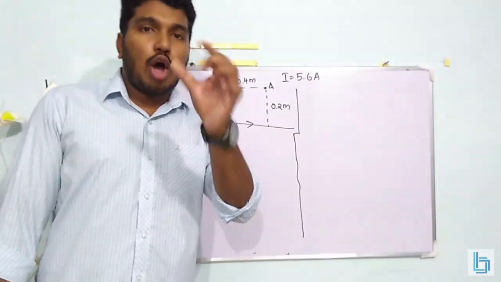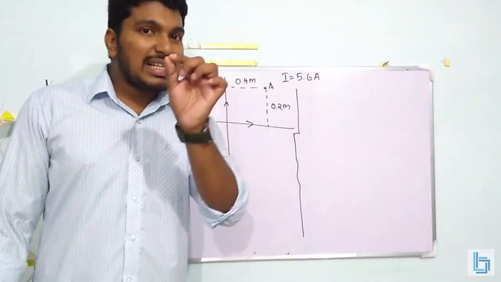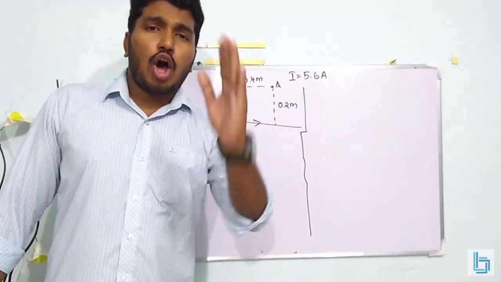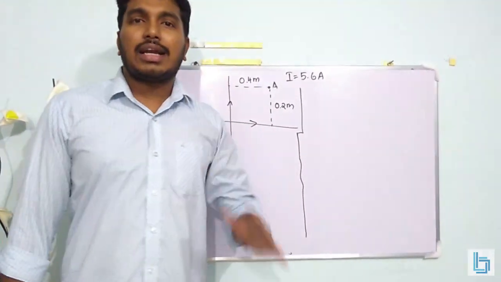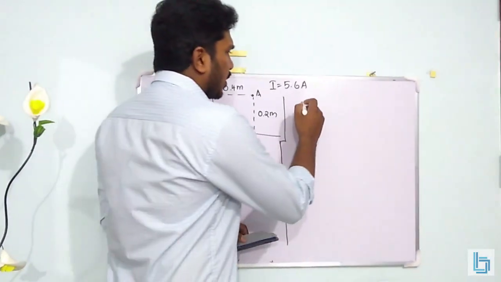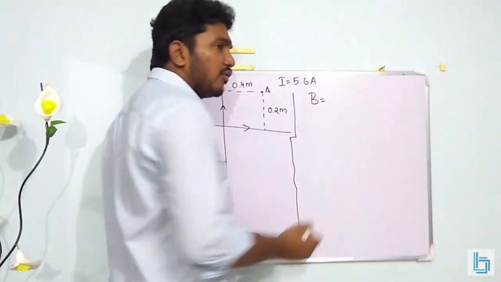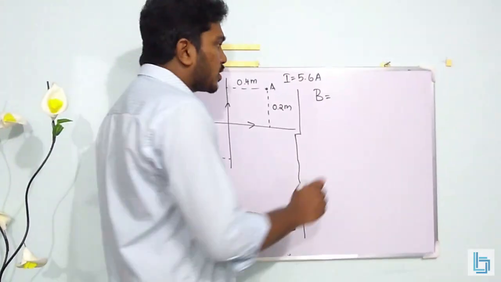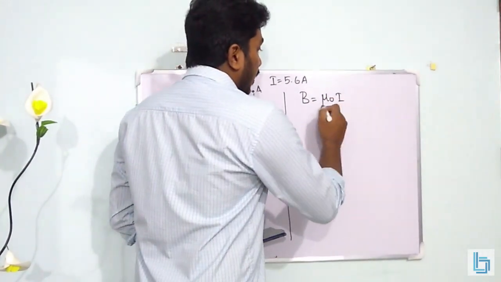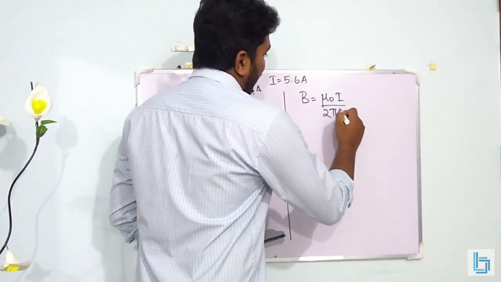Whenever you hear the term long conductor in a question, understand that they are actually referring to an infinitely long straight current carrying conductor. And what is the equation for the magnetic field of an infinitely long straight current carrying conductor? That is mu 0 I by 2 pi r.